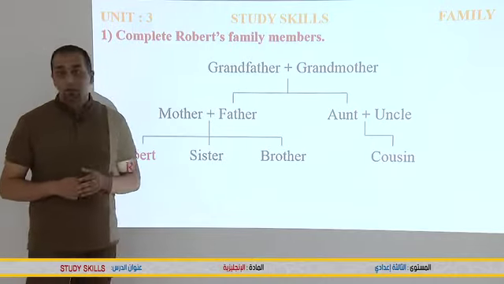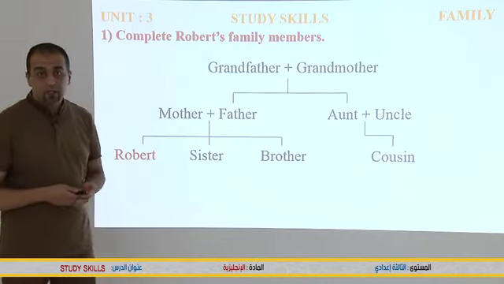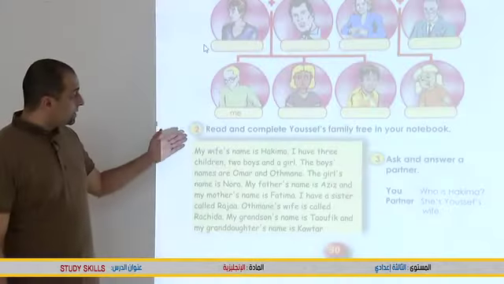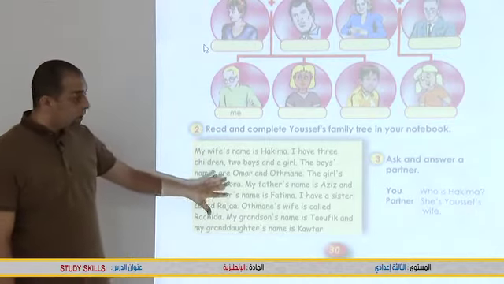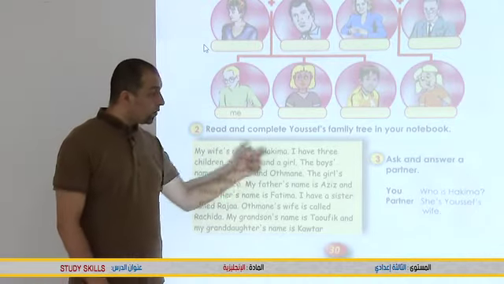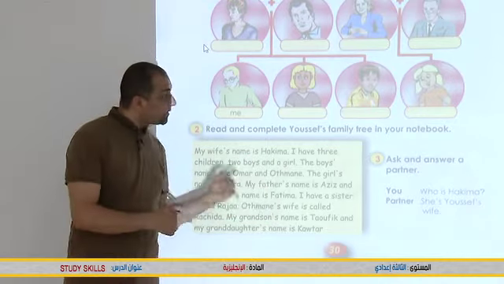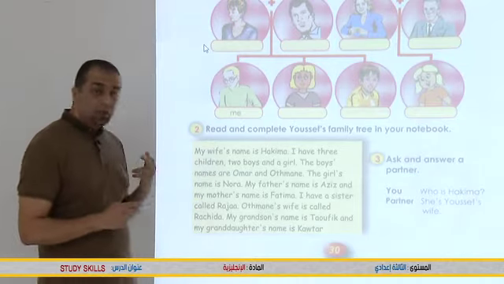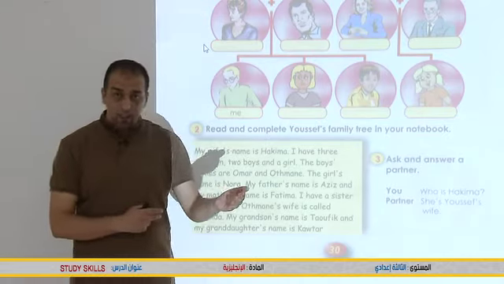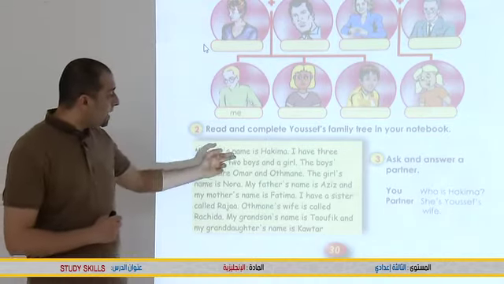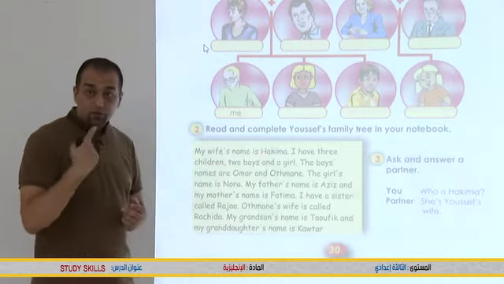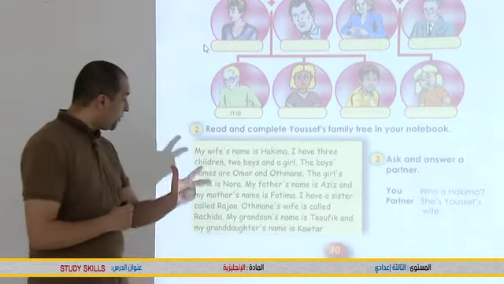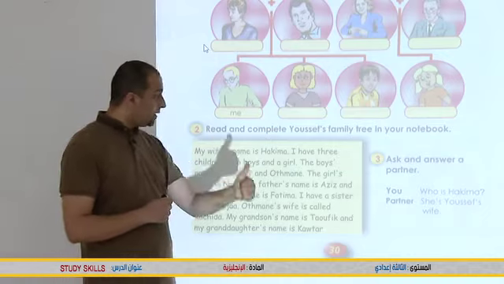So we are going to read a paragraph about Yusuf's family members and change it into a family tree. So exercise 2. Here is a paragraph about Yusuf's family members. We are going to read this paragraph, and at the same time change it into a family tree. So I'm going to read it for you, then we move to the exercise. My wife's name is Hakima. I have 3 children, 2 boys and a girl.